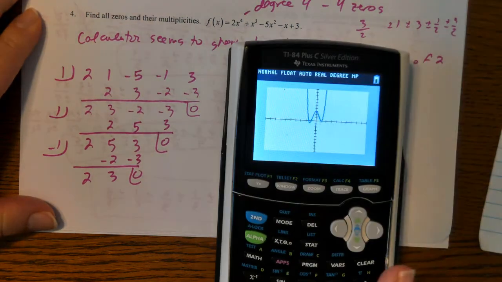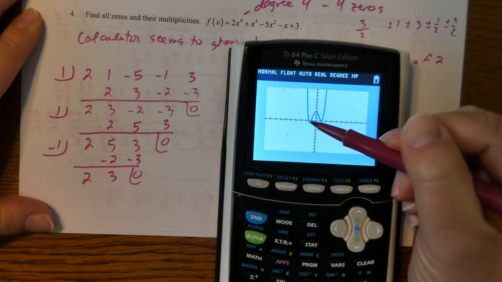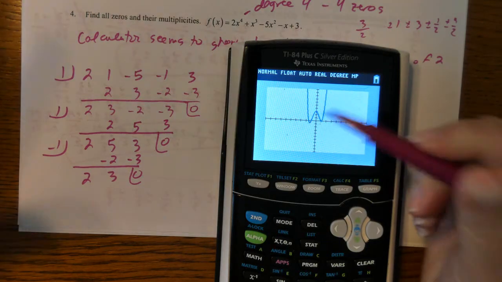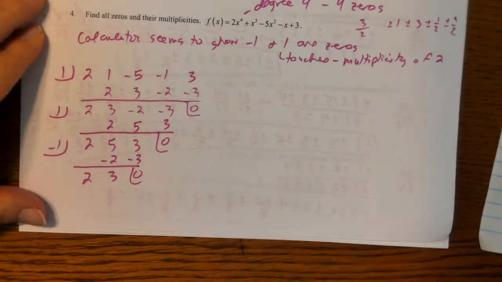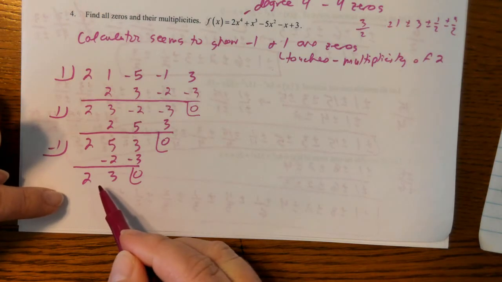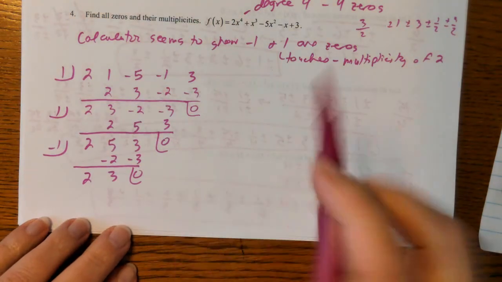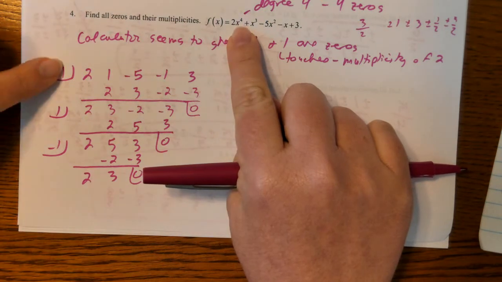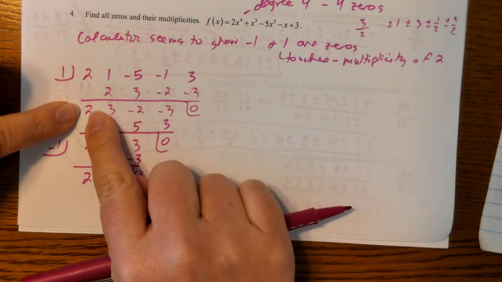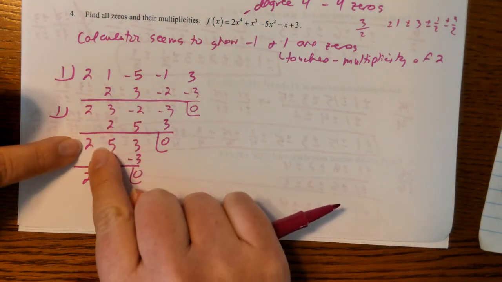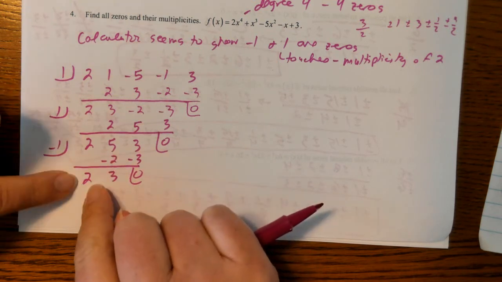Now, if you look, it looked like it crossed maybe around negative 1.5. Kind of hard to tell where that number is. So I can think about this as my depressed polynomial. So I had a 2x to the 4th. This division made it a 2x to the 3rd. The next division made it 2x squared. The next division makes it just a 2x.